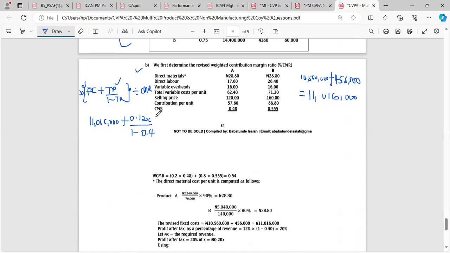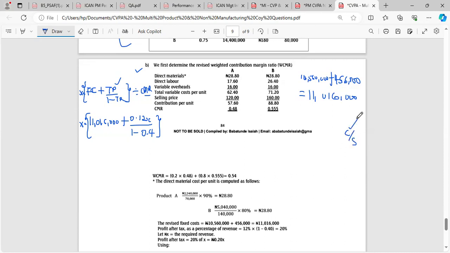We still have X here is equal to the CM ratio, contribution margin ratio. That means contribution divided by sales.